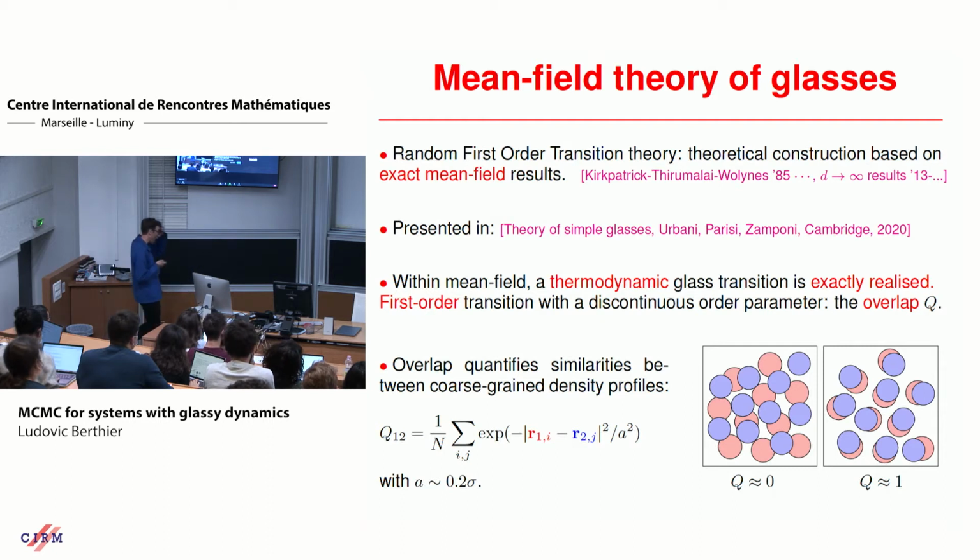So what happened in the last many years, the last 35 years, I would say, is that something like a very solid mean field theory for the glass transition has been developed. It started in the mid-80s by studying spin glass disordered models with quench disorder.